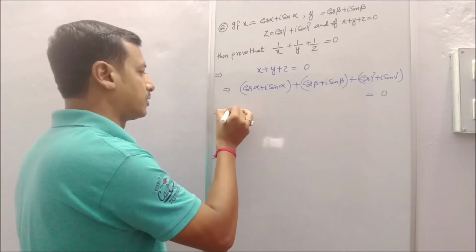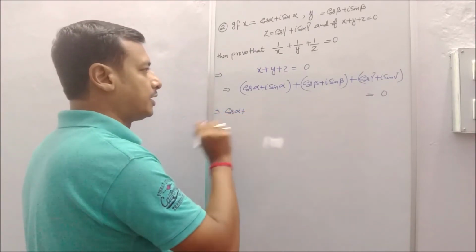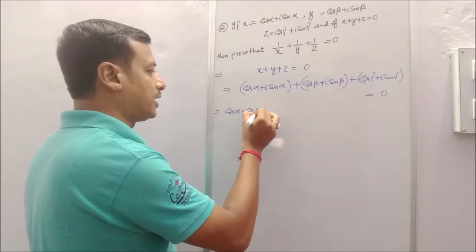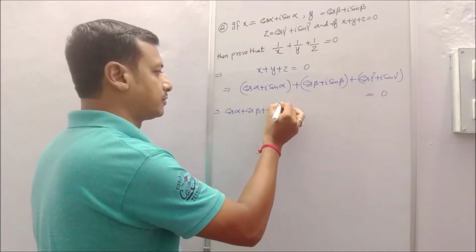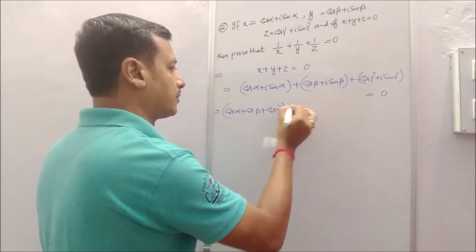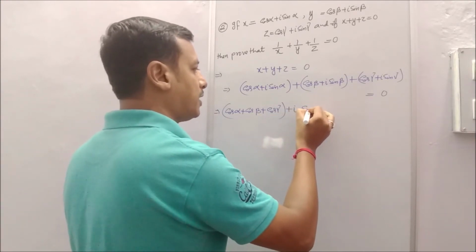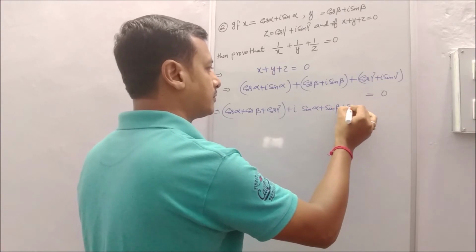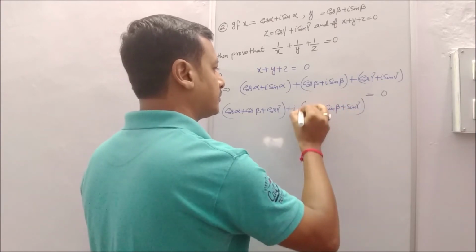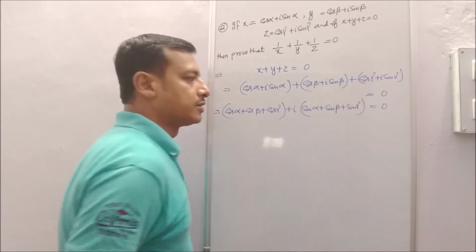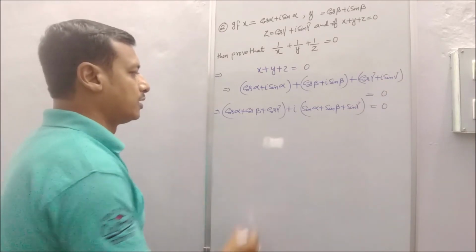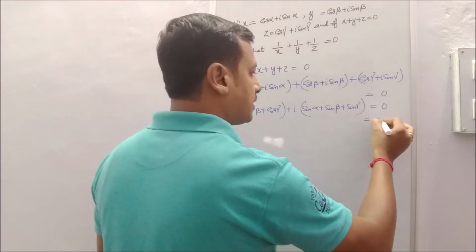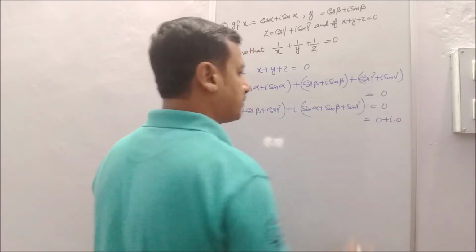Now writing the real part in the one bracket and imaginary part in the other bracket, is equal to 0. 0 can be written as 0 plus I times 0.